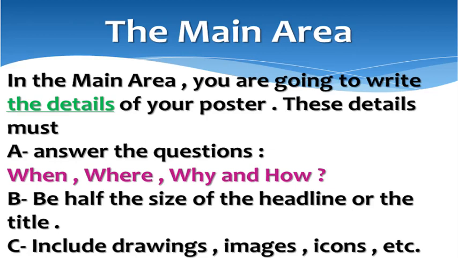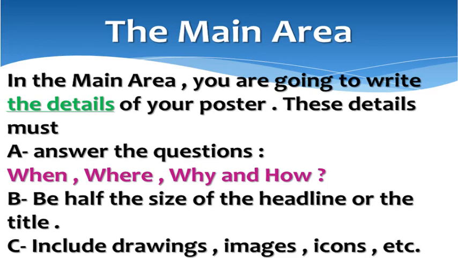You can draw any symbol of Egypt anywhere in your poster, the pyramids and the Sphinx, for example. Why? So illustrate your opinion. Are you for or against the message or the theme? And how? Provide details.